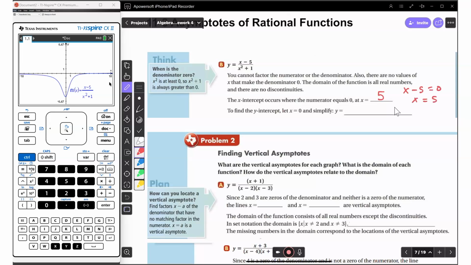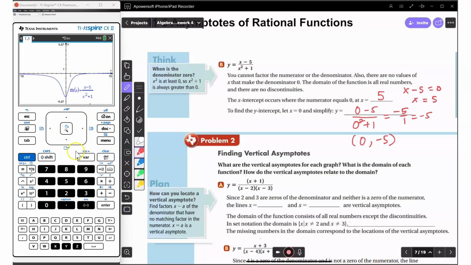So x equals 5. The other one, to find the y-intercept you let x equal 0. So you have y equals 0 minus 5 divided by 0 squared plus 1. So you have negative 5 over 1, so it's negative 5. So the y-intercept is 0, negative 5. And you can see that the y-intercept is negative 5.